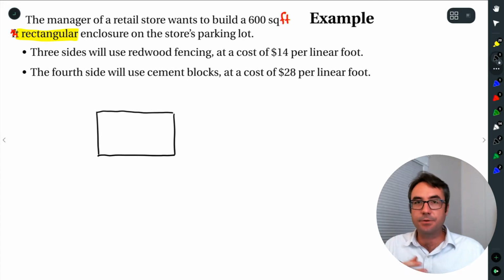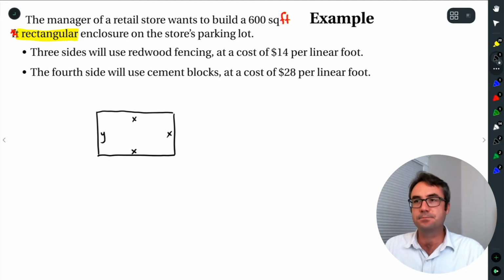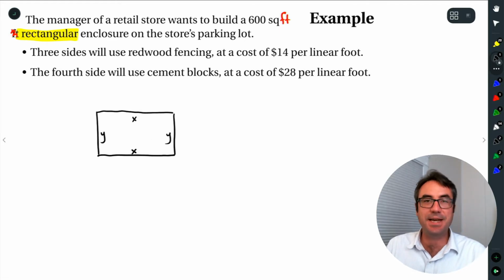And I know with a rectangle, there's 2 dimensions, length and width. Whichever variables you want to use, I'm going to use X's and Y's. Remember, with a rectangle, opposite sides have the same length. So if this side has length Y, this side had better have length Y as well. Same thing, X and X for opposite sides here. All right, so that's our rectangle.